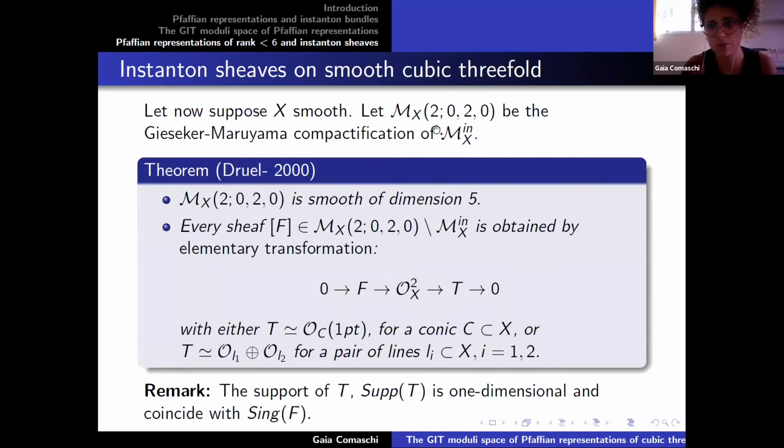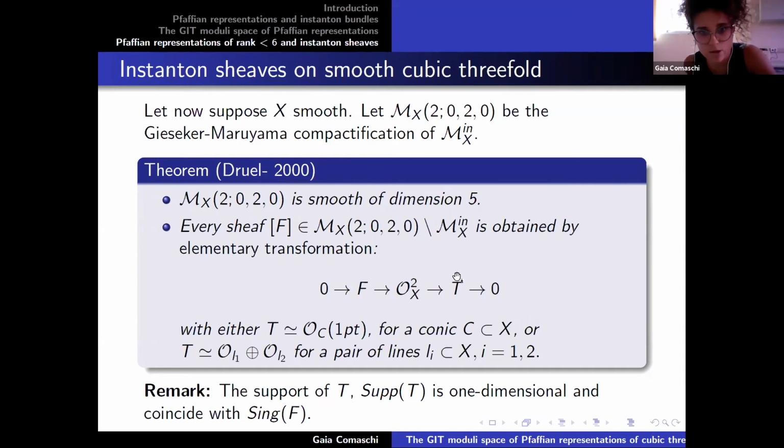This moduli space had been studied by Druel, who proved in 2000 that this scheme is smooth of dimension 5. And Druel also gave a complete description of the boundary of this moduli space. He proved that in this boundary we have two families of sheaves that are non-locally free, whose singular locus is a curve.